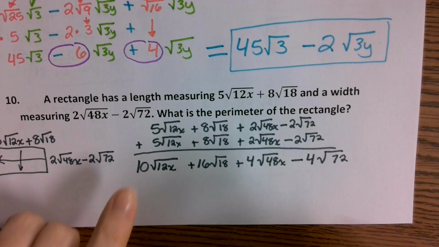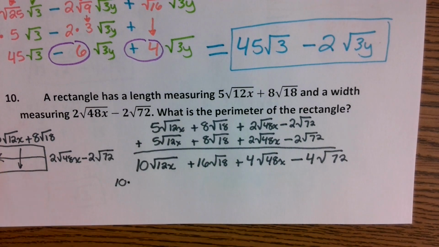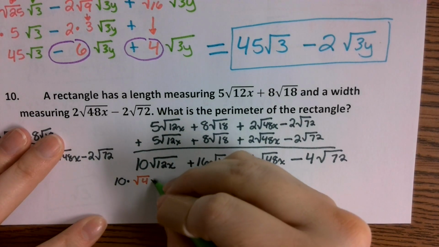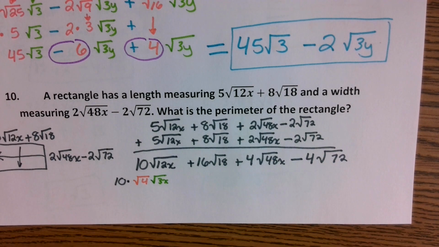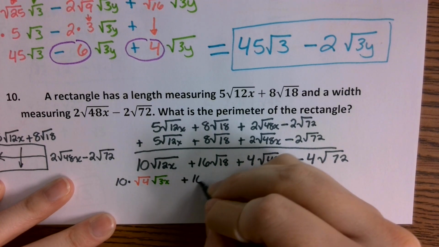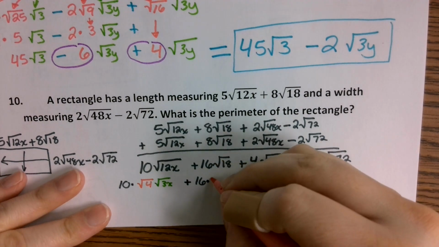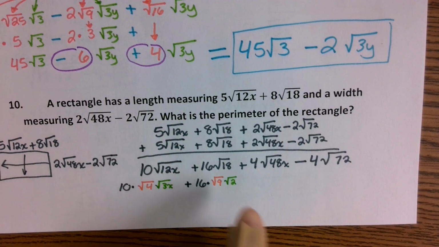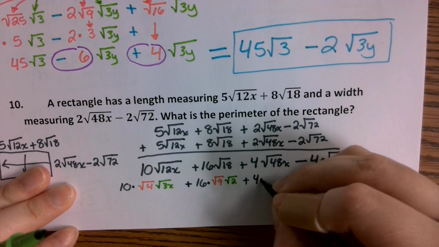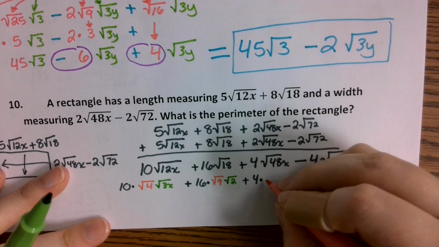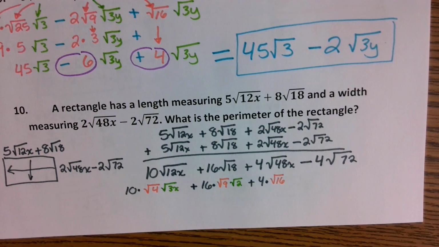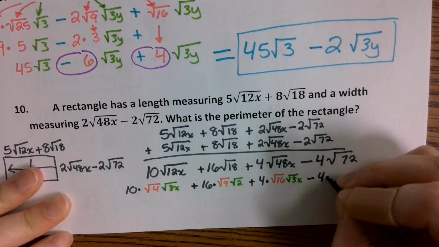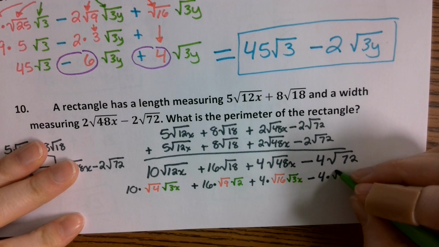So let's focus here at the 10. We've got our 10 times, my 12 can be split up as square root of 4, square root of 3x, plus, we've got this 16 times, my square root of 18 can be split up as square root of 9, and square root of 2, plus, I've got this 4 times, my square root of 48x can be split up as the square root of 16, and square root of 3x, minus this 4 times, my 72 can be split up as the square root of 36.